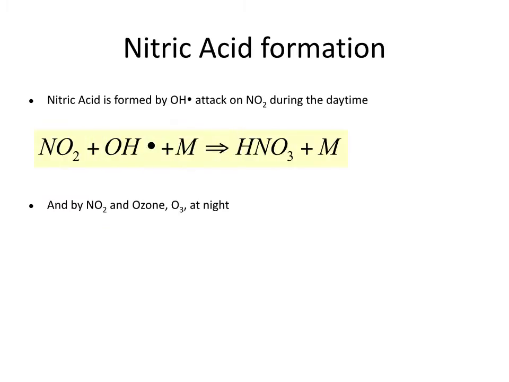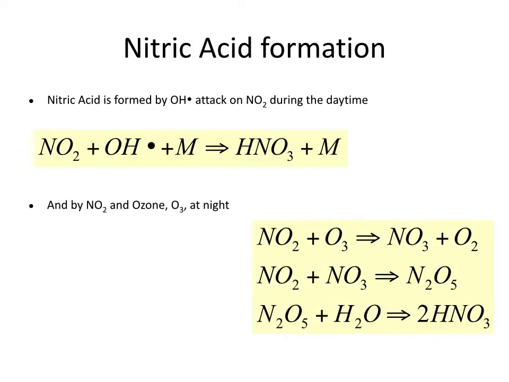The nitric acid formation is a little more complicated: NO2 reacts with a hydroxyl radical in solution plus some metal catalyst to form nitric acid, HNO3. In the evening, nitrogen oxide can react with ozone to form the nitrate, which can form N2O5, which also dissolves in water to form two nitric acid molecules.